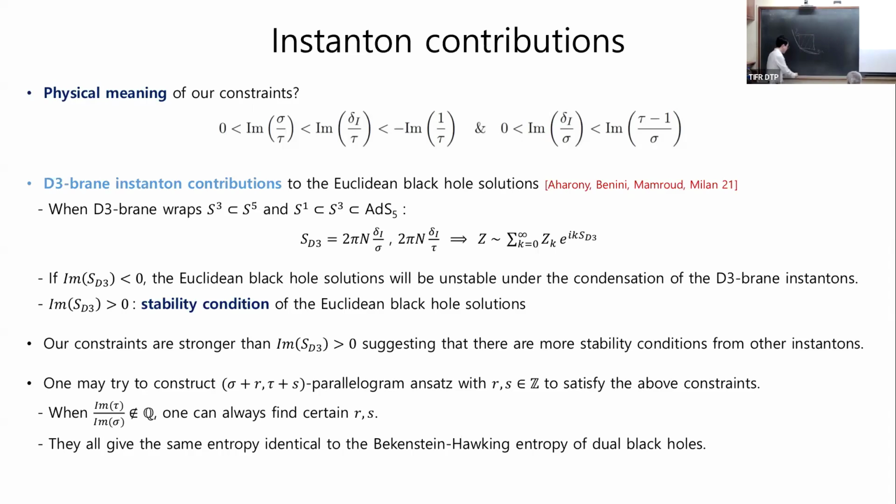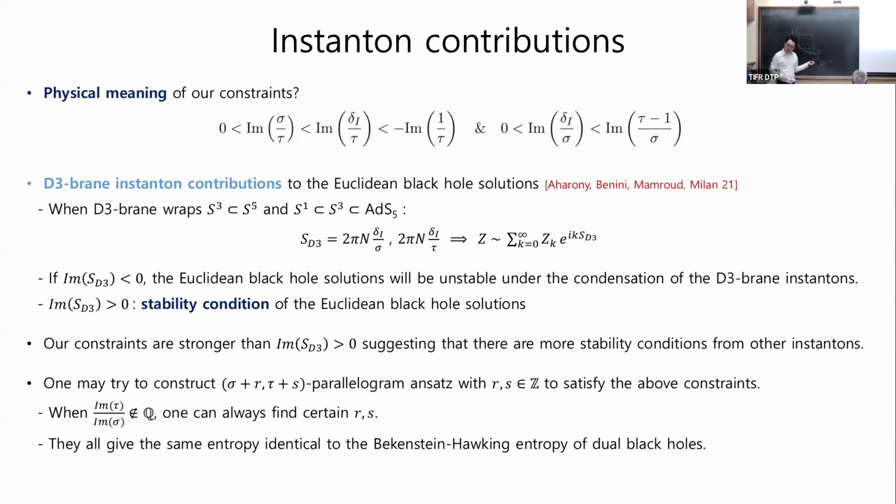But what can you say a little bit more about this D3 brane instanton? Is that some sort of instability? Yeah, I mean, on top of the black hole background, you can consider this brane wrapping various circles in AdS5 times S5. They are the instantons in this background. You have this classical saddle point, and on top of them you can have some instanton configuration.